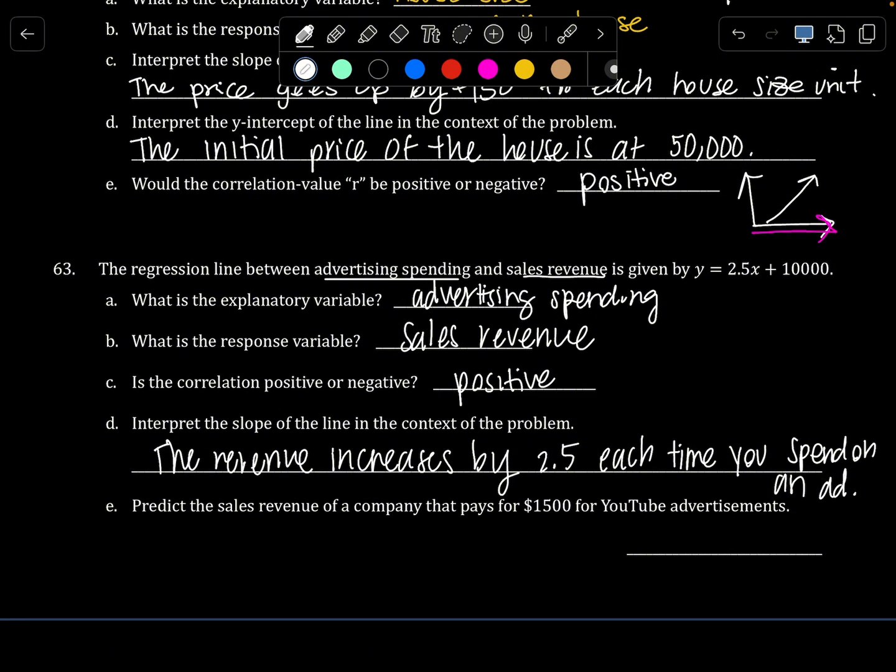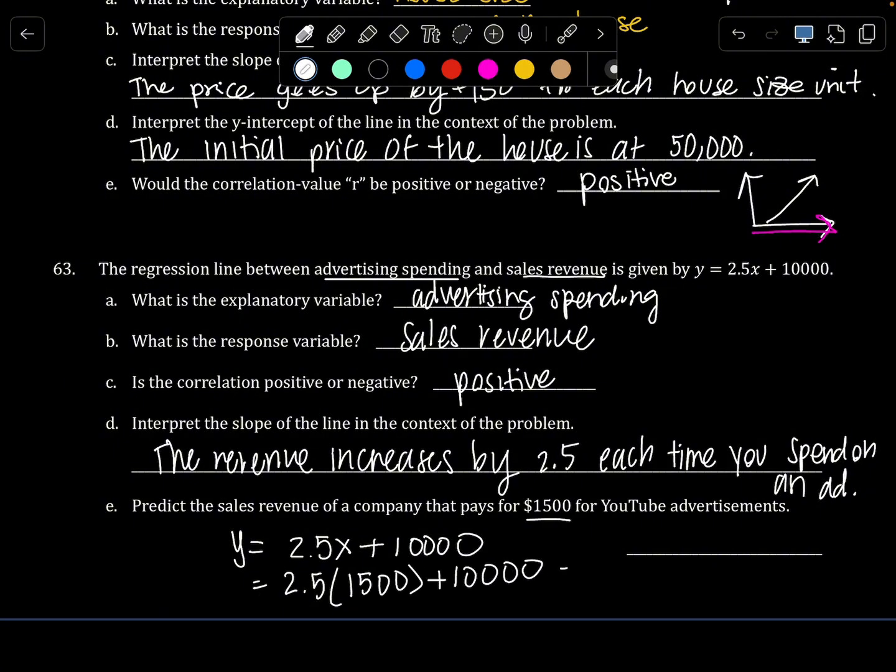Predict the sales revenue of a company that pays $1,500 for YouTube advertisements. So now that we have an equation, we can say that pays this much for ads. So X is ads, so we're going to go ahead and do the math.